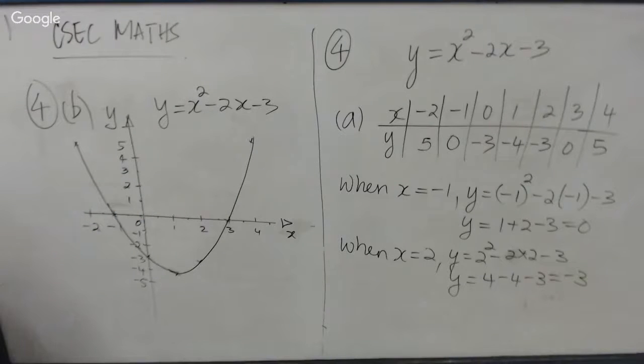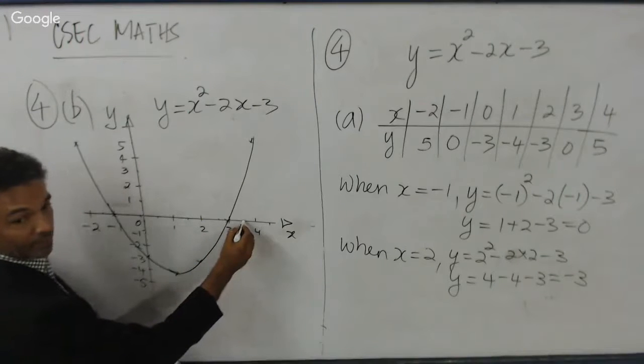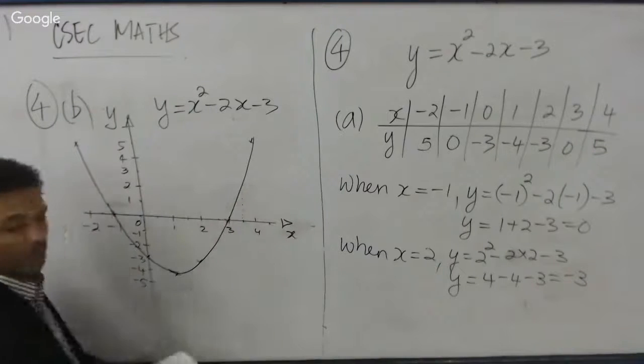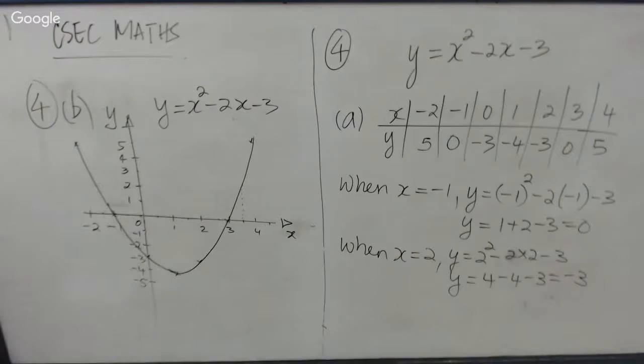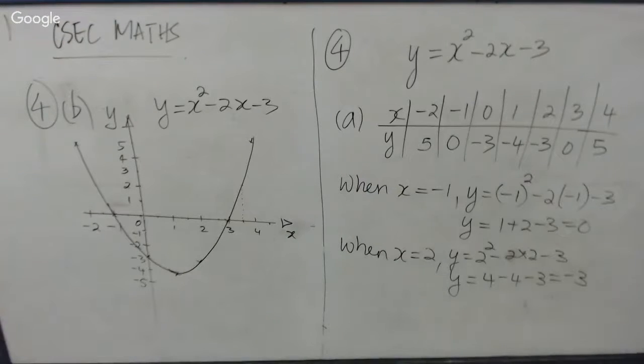So that is B. C: using your graph, estimate the value of y when x equals 3.5. That means you go to 3.5 on the x-axis and then carry it up to the curve, and you read off whatever you get on your diagram.